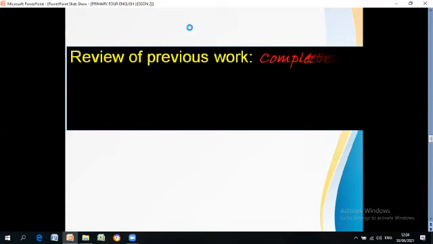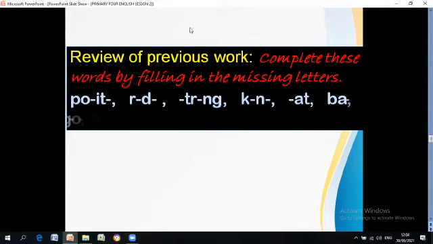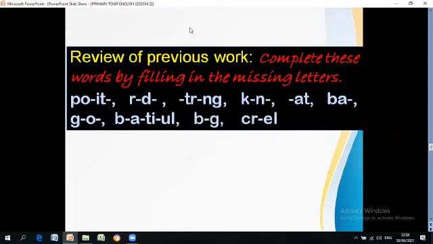In this lesson in particular, we are going to look at the opposite forms of those adjectives. Earlier on, we looked at this work here. Those are some of the words we use when describing objects and people.